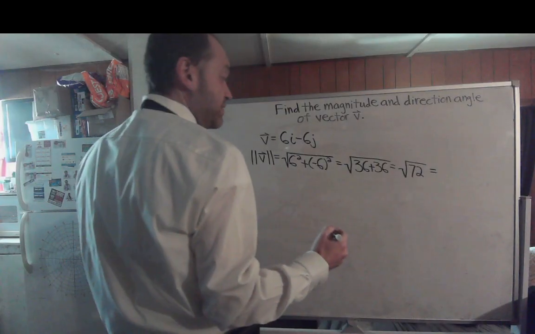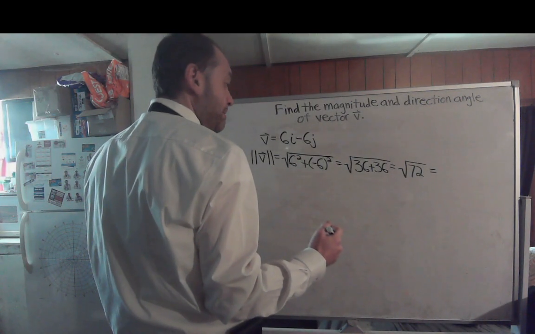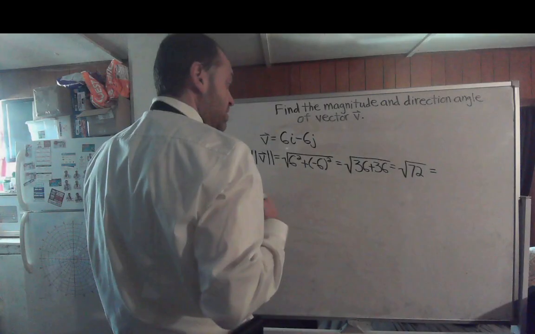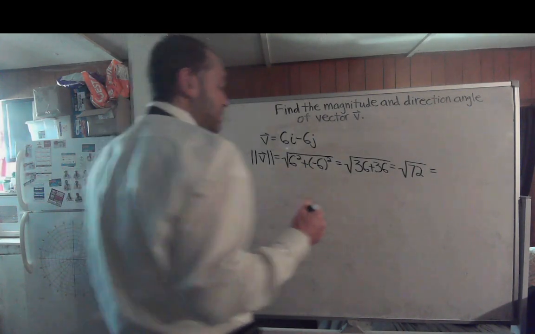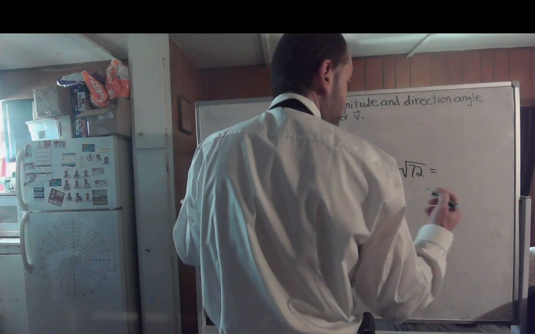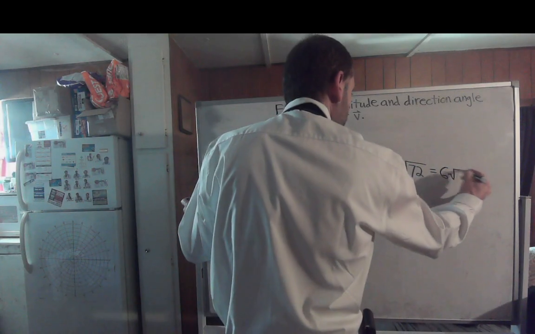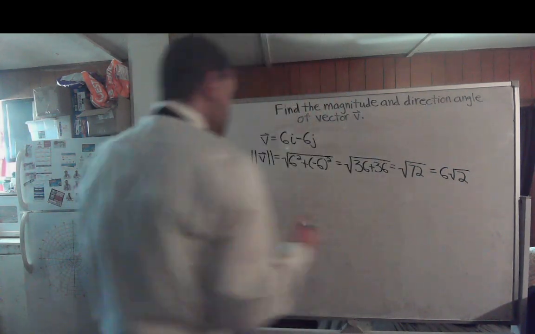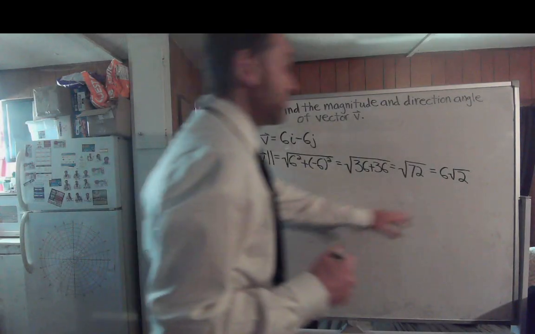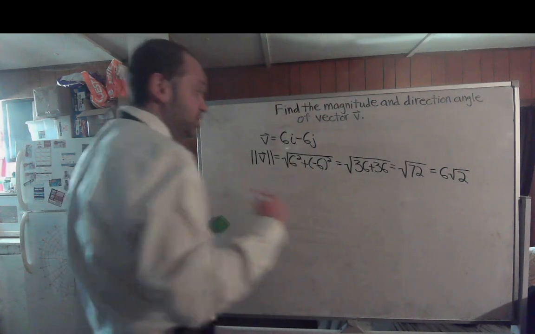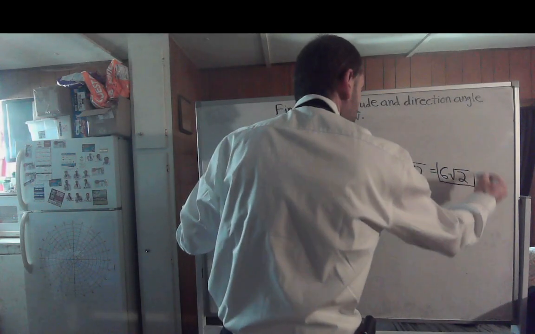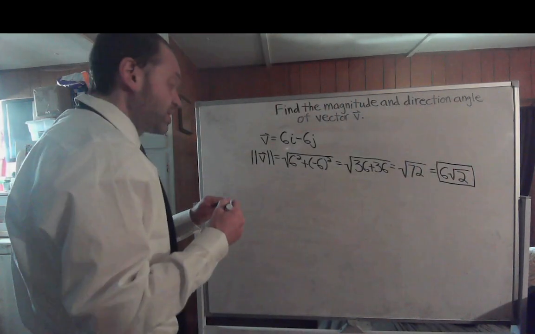You have 36 times 2, which would end up being 6 times the square root of 2. So the magnitude of this particular vector is 6 times the square root of 2. We found the magnitude. Now let's find the direction angle.